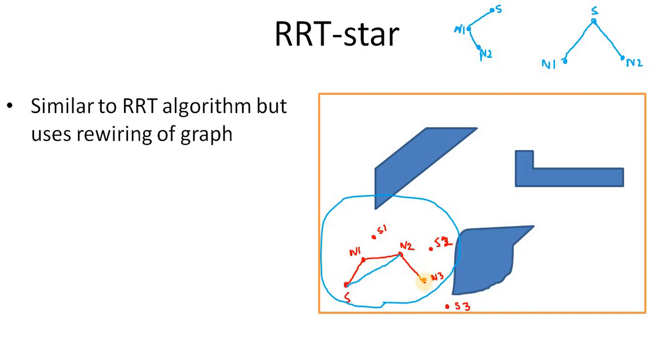Now again, if this is the RRT star algorithm, then we do rewiring. And how do we do rewiring?